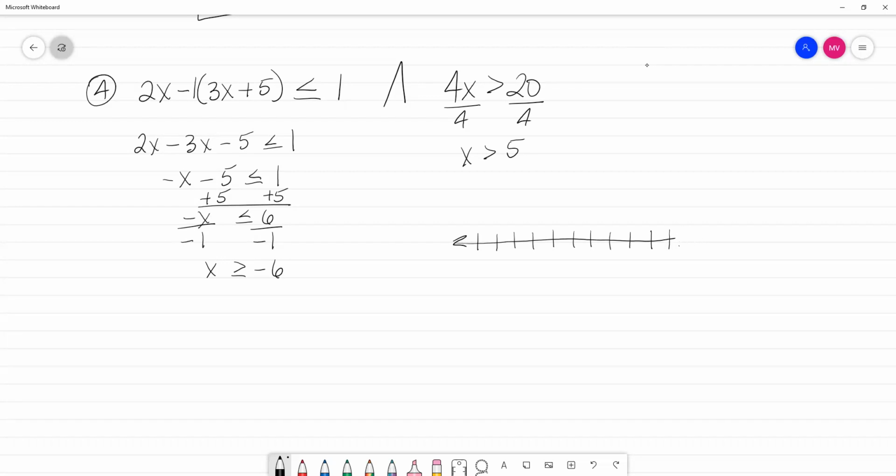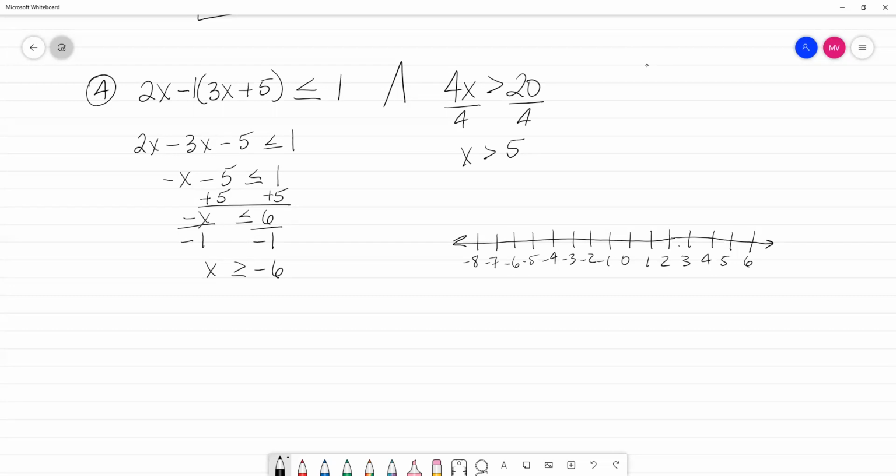It's not enough. 12, 13, 14, 15. That should be enough. Okay, so if we did -6, -5, -4, -3, -2, -1, 0.